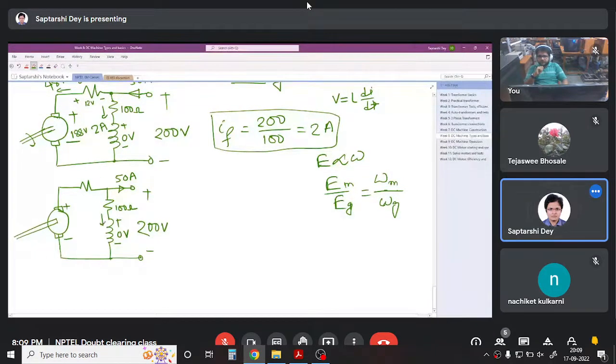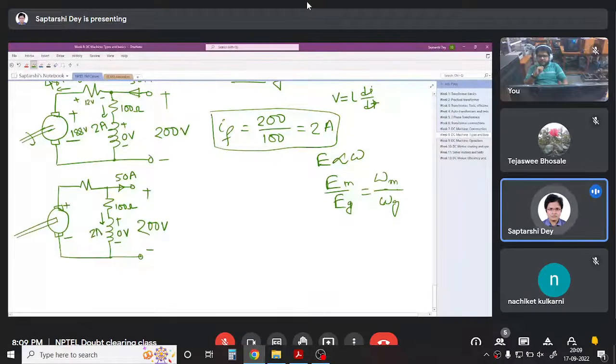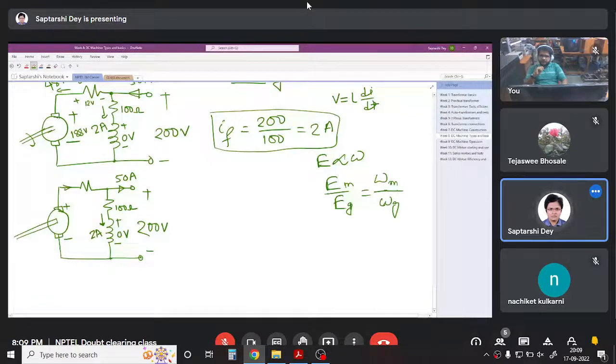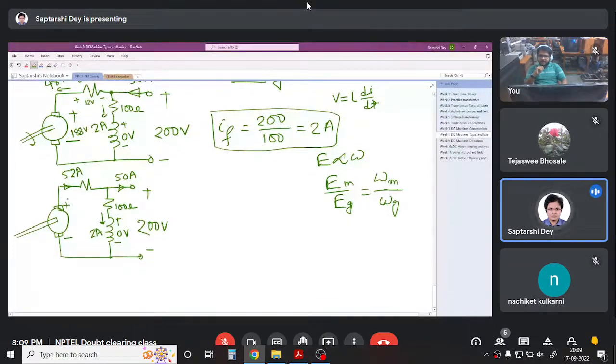So 2 ampere current is flowing in this branch like before. So 50 is going out, 2 is here. So there must be 52 ampere of current. This is the armature current.